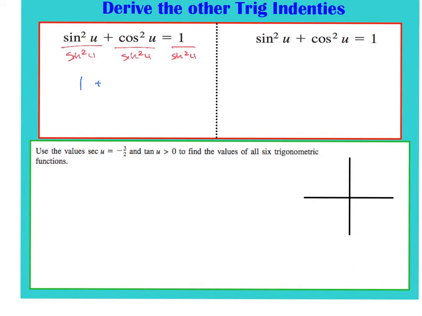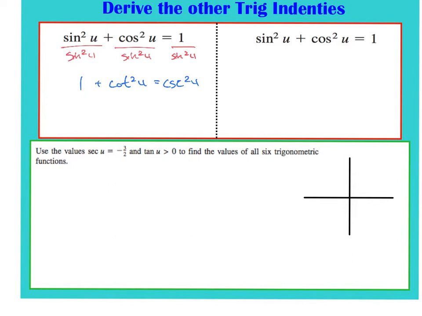Cosine over sine. Not tangent, but cotangent. So this is 1 plus cotangent squared u is equal to, now 1 over sine squared is actually just what? Cosecant squared. So now I have cosecant squared u. All right. So that's one of those 3 trig identities.